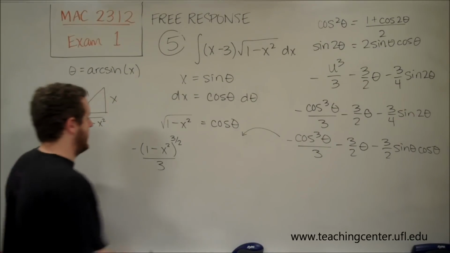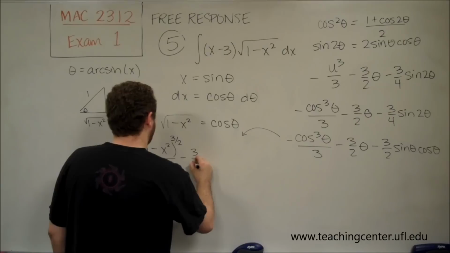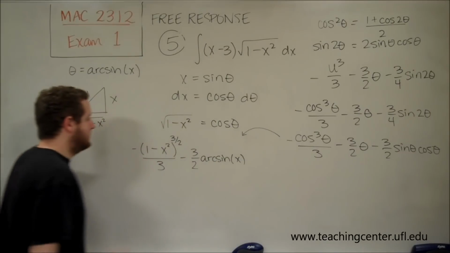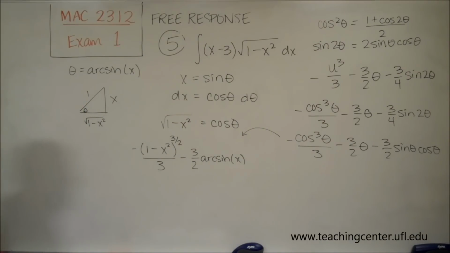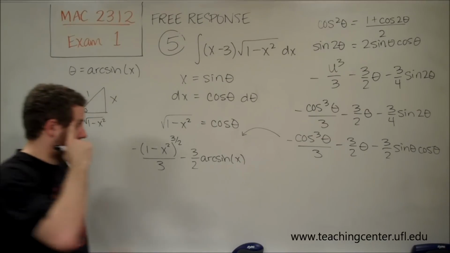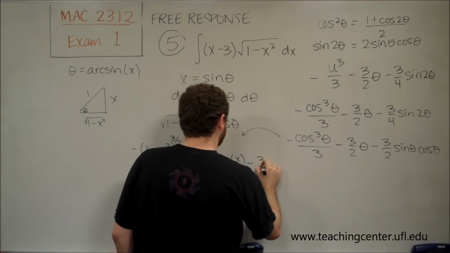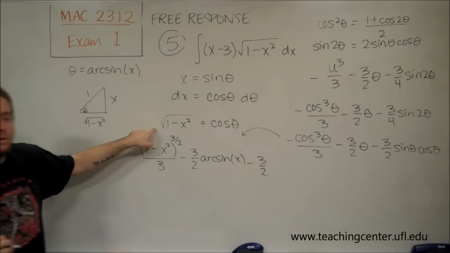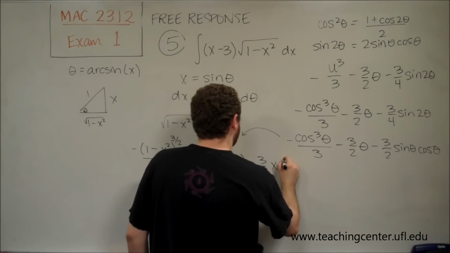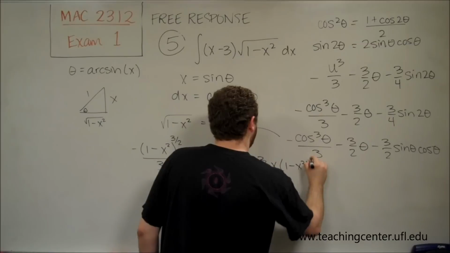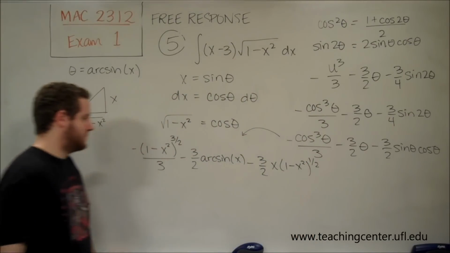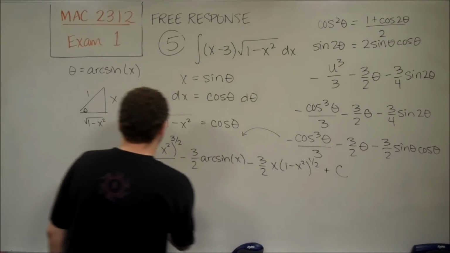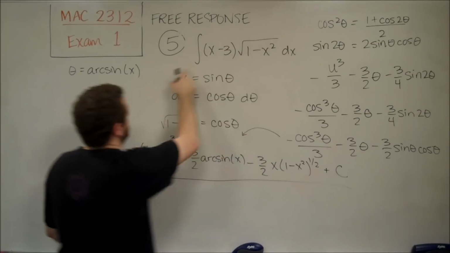Theta was just arcsine of x. And then we have minus 3/2 sine theta cosine theta. So sine theta was just x, and cosine theta was here. So we have x times 1 minus x squared to the 1/2. Finally, plus c, because we had an indefinite integral.